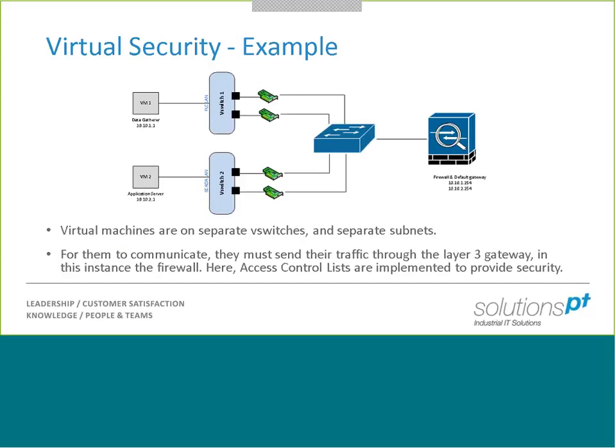At the bottom we've got VM2, and that's an application server in the SCADA LAN. So we're looking here at two totally different networks, two different subnets. We've got 10.10.1.1 and 10.10.2.1. Let's assume a standard subnet mask of 255.255.255.0, and those are basically completely different networks.